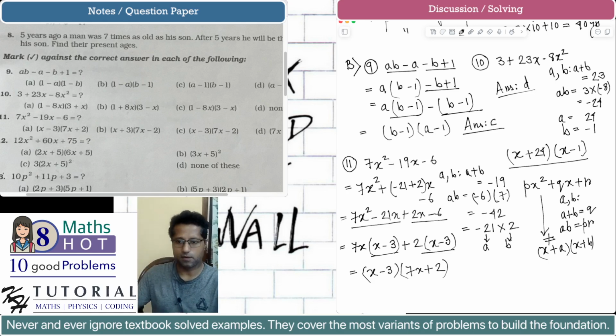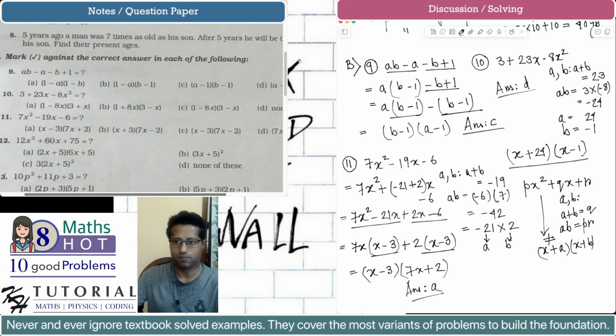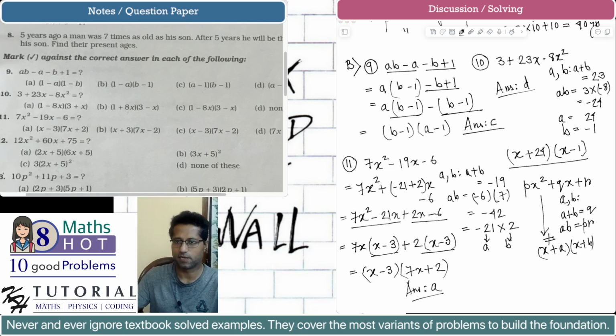So the correct choice will be A. A is the correct choice. Now let me see. In the previous problem I said that the answer is D, none of this. No. In solving the previous problem, I also made the same mistake.